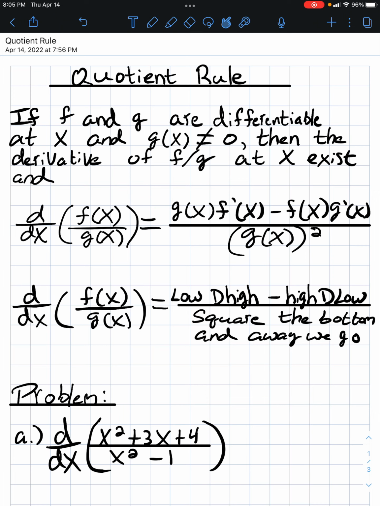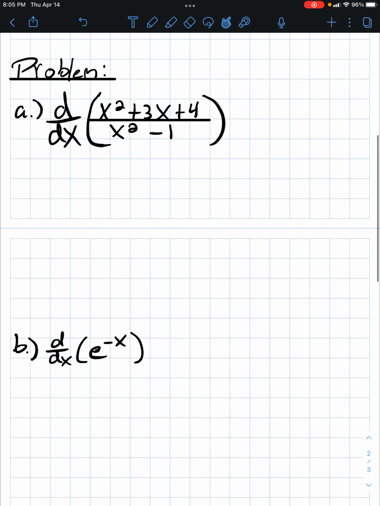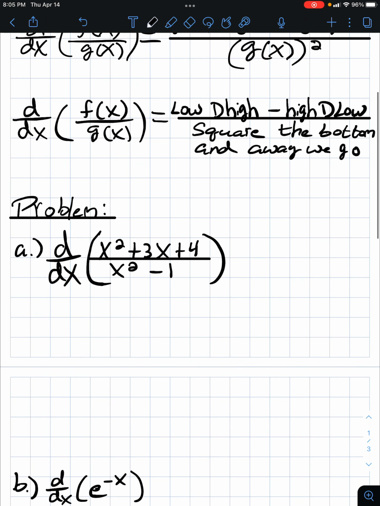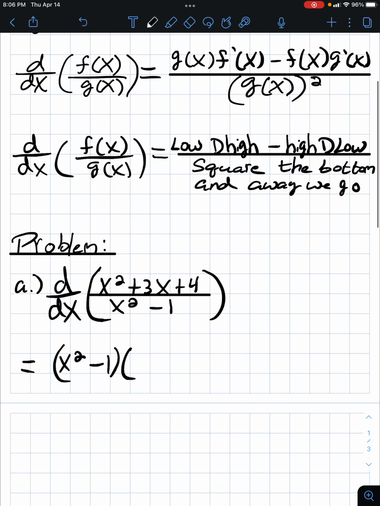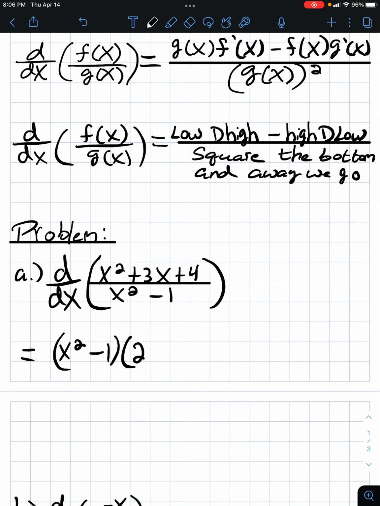Welcome back. Hopefully you were able to solve this problem. Now let's work on it together. In part A, we need to find the derivative of x squared plus 3x plus 4 divided by x squared minus 1. As the quotient rule states, we take g of x, so x squared minus 1, and multiply it by the derivative of our numerator, f prime of x, which is 2x plus 3.